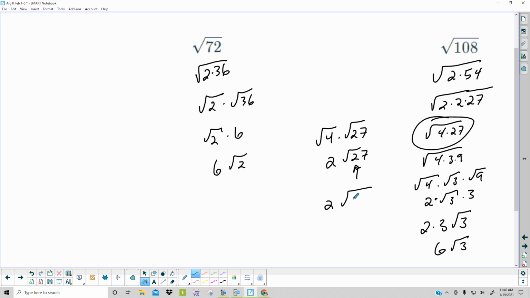So you have 2 square root of 3 times 9. The 9 is going to be a perfect square. And so you go back to 2 root 3 times 3. It's a product for all these things. That 3 has to come in front again, so 2 times 3 times the square root of 3, or 6 root 3. Okay?